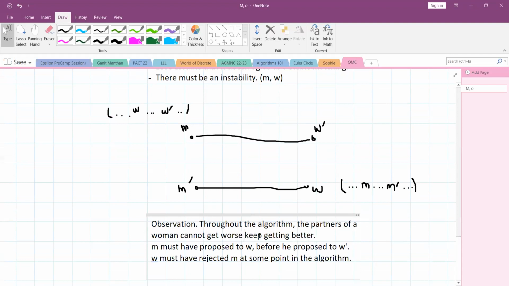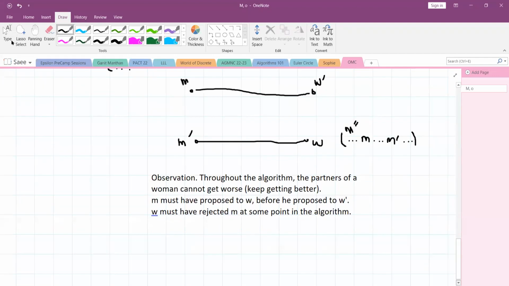Are we assuming that M and M prime are the only men, or are there more men and we're just not taking them into account? Yeah, there could be more men and more women, but we're not really concerned about them for now. No, but if there are more men, and for example, say M double prime is also a man, who is earlier in the preference list of W than M, she might have rejected M's proposal because she was getting a proposal from M double prime.